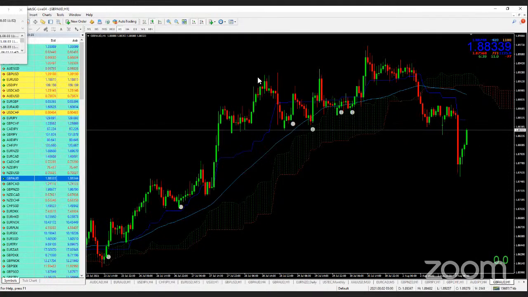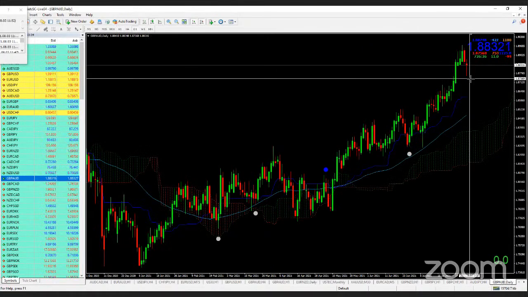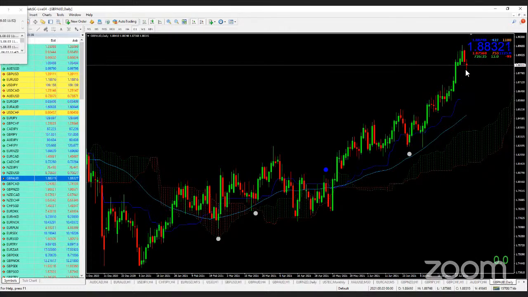It's moving up. This pair moves like I don't know what, pound Aussie dollar. If you check the average daily range, it's usually about 100 or so, maybe 120. It usually moves by an average of 100, 120 pips per day.